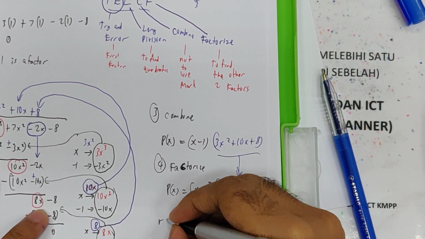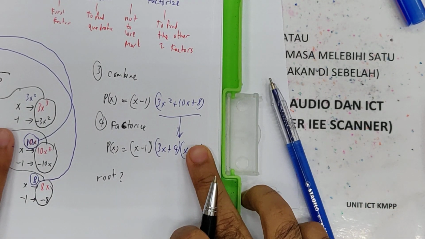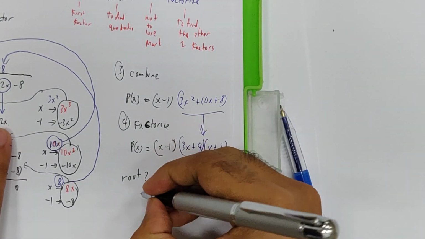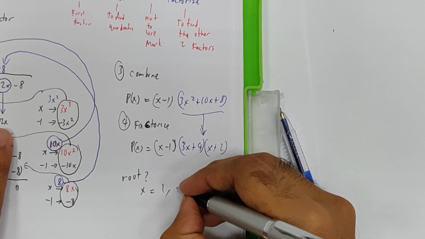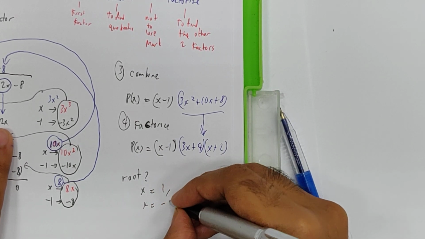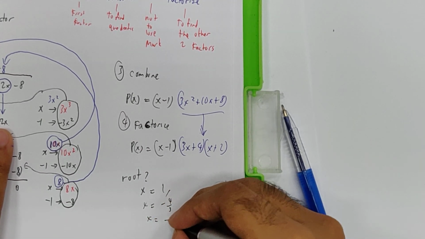So what's the root? Can someone tell me the root? X equals to 1. X equals to negative 4 over 3. And x equals to negative 2.